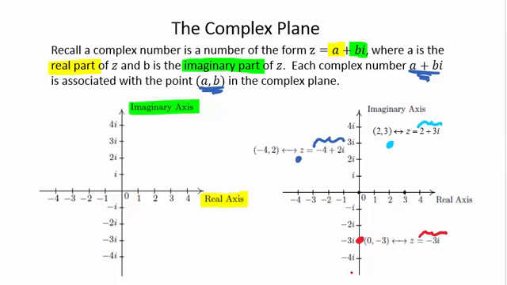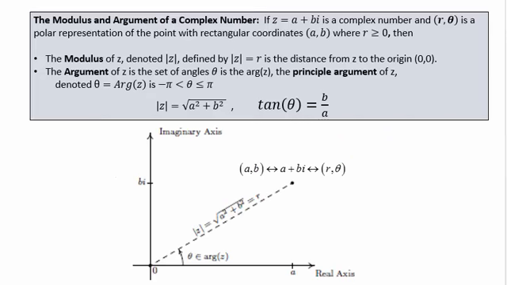Now that we can plot some points in the complex plane, let's look at the modulus and argument of a complex number. If a plus bi is a complex number that can be plotted in the plane at the point (a, b), and (r, theta) is a polar representation of that point, then the modulus of z is defined as that distance r from the origin.